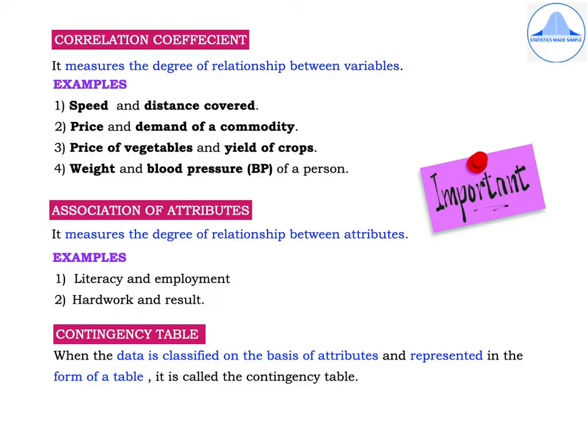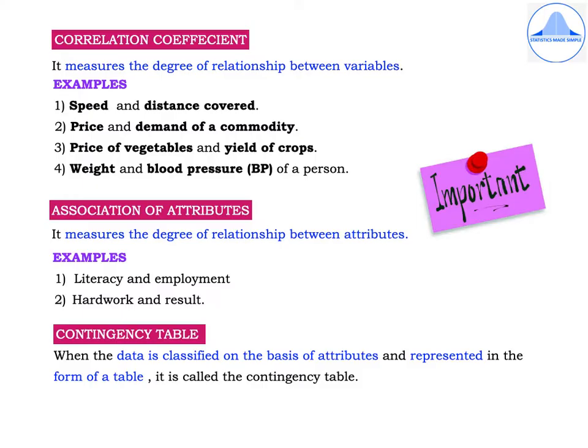Correlation coefficient. It measures the degree of relationship between variables. This topic will be dealt with in my later video. Some of the examples are speed and distance covered, price and demand of a commodity, price of vegetables and yield of crops, weight and blood pressure, that is BP of a person.